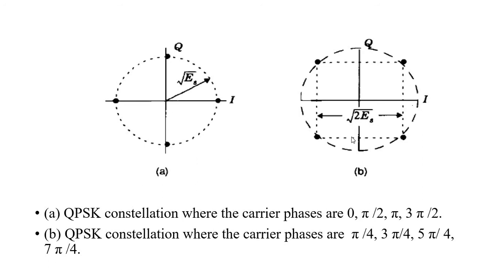Here the value will be s_i(t) equal to root of E into cos((2i minus 1) pi by 4), then minus root E into sin((2i minus 1) into pi by 4). When we apply the values for i there, we will get the 4 phase points.